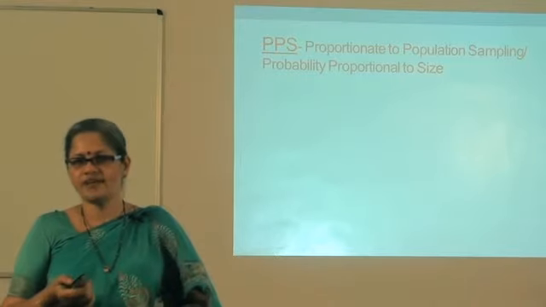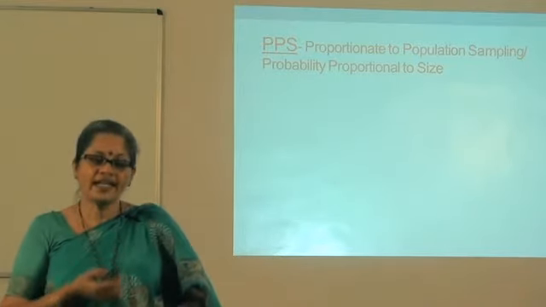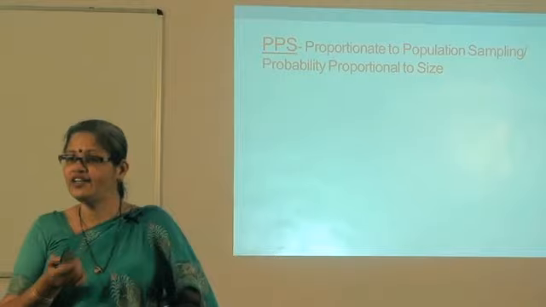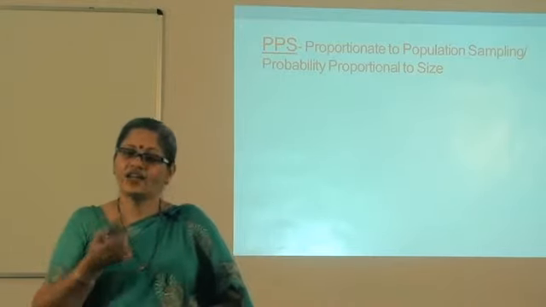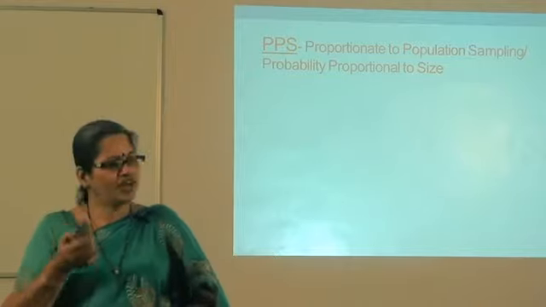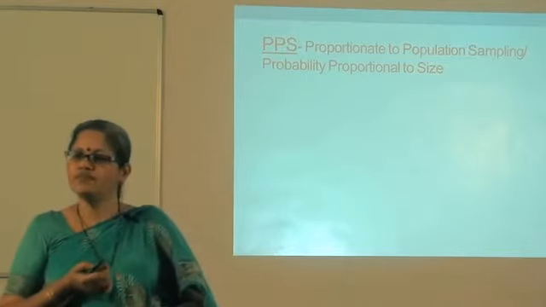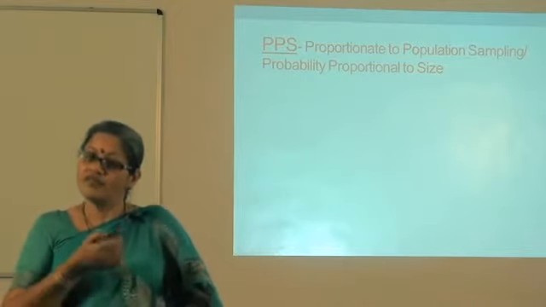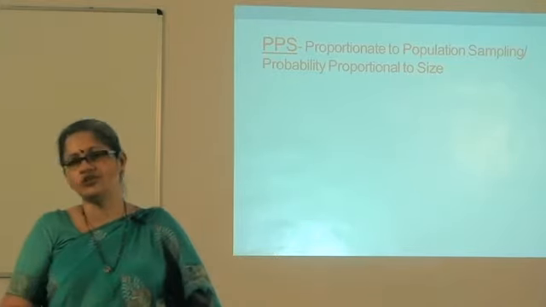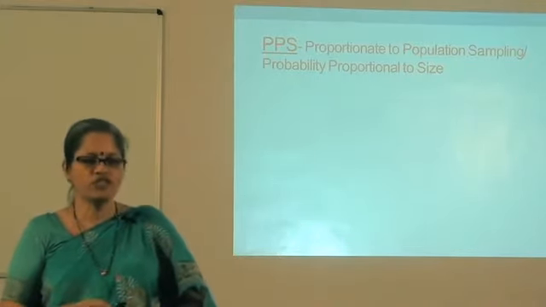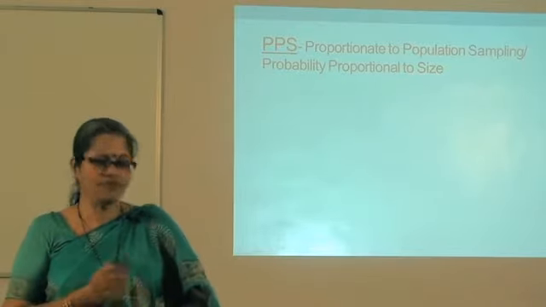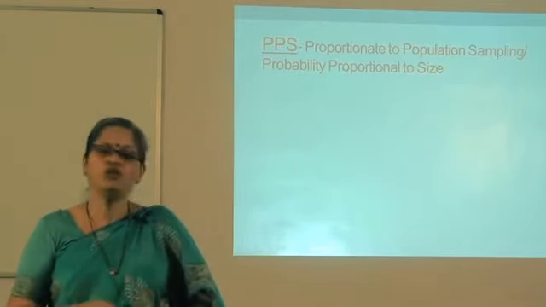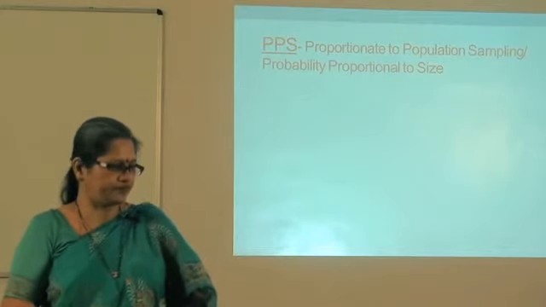So these are the strata. Now, if I take into consideration the enrollment of students in each of these faculties, and according to that enrollment I select the sample in proportion to the total number of students enrolled in that particular faculty, then I am following proportionate to population sampling.